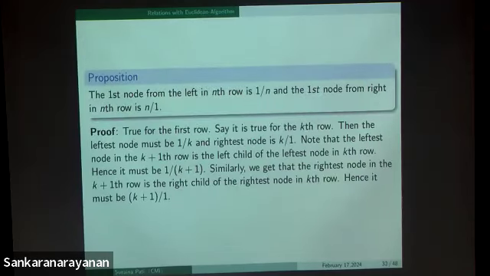For any nth row, the sum of the elements is 3 into 2 to the power n minus 2 plus 1 by 2. Try it. Please try it. Sum of all the elements, sum of all the nodes.